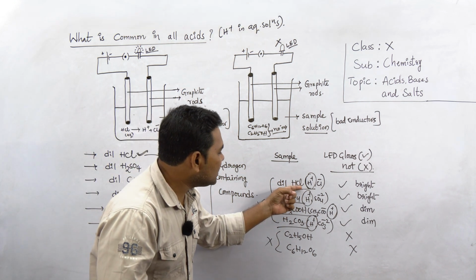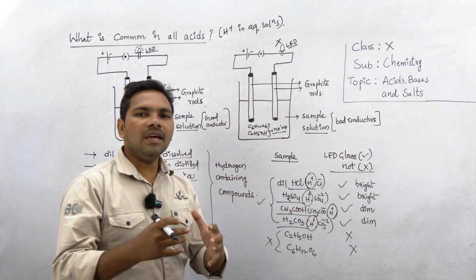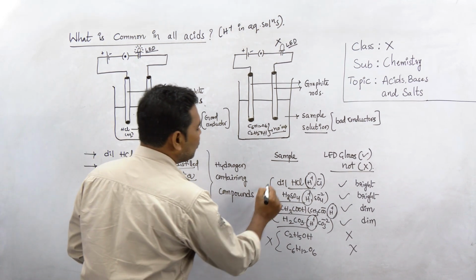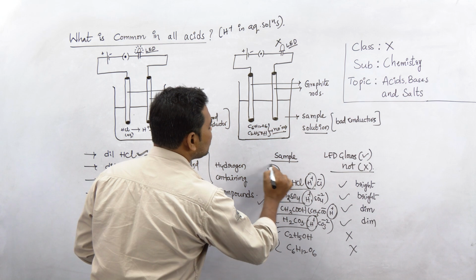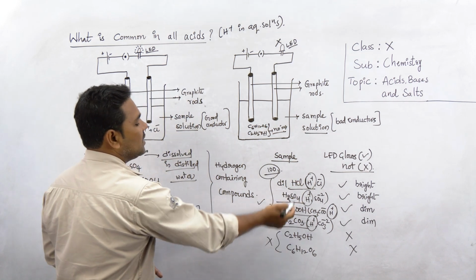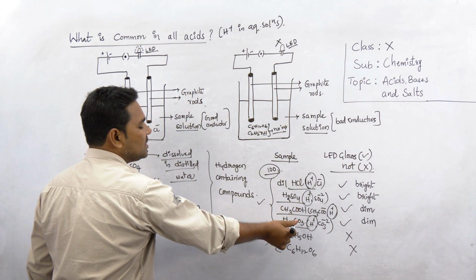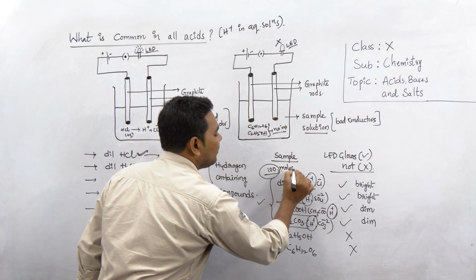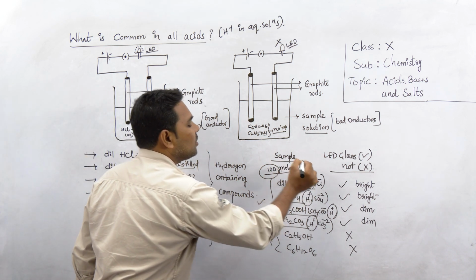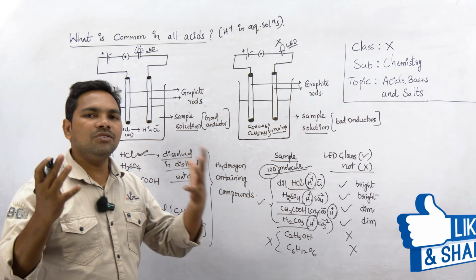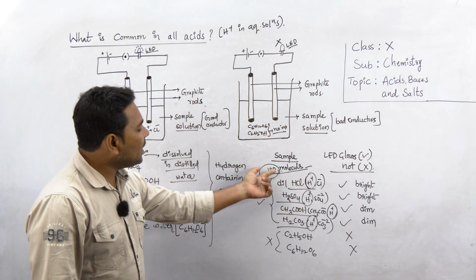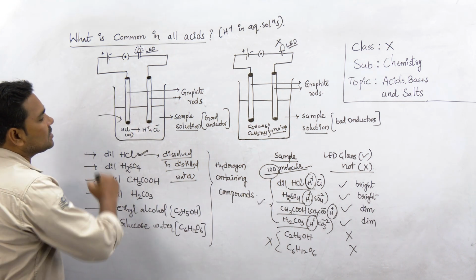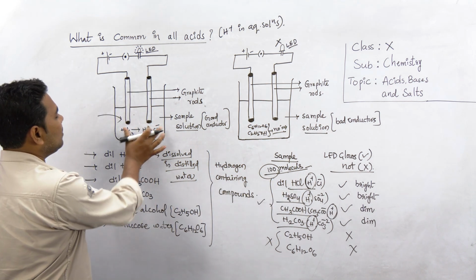In the case of HCl and H2SO4, they ionize completely. For your easy understanding, if I take 100 molecules of each of these four acids, hydrochloric acid, sulfuric acid, acetic acid, and carbonic acid, each 100 molecules I have taken. Imagine, taking 100 molecules exactly is not possible, but you just assume and understand. I take 100 molecules of HCl and add to the distilled water present in the beaker.